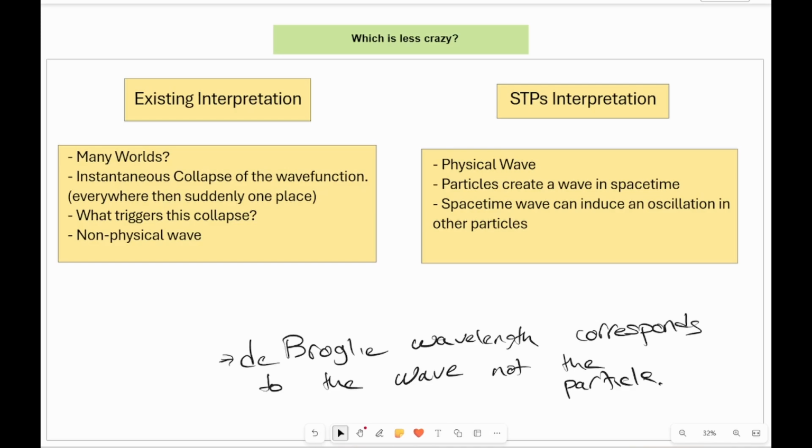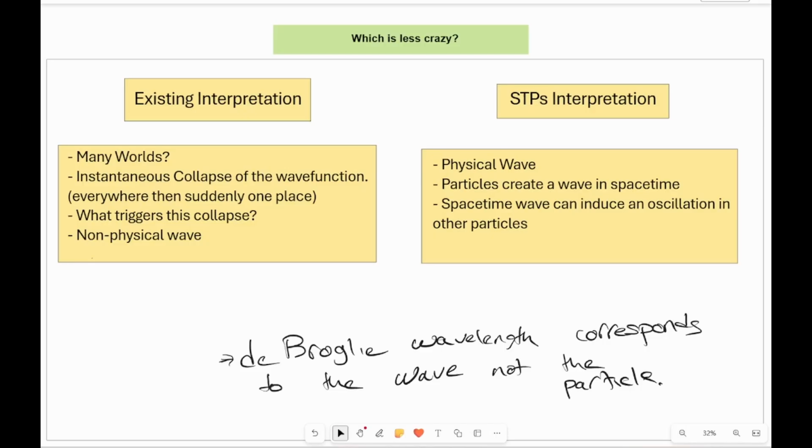That's what Einstein called spooky action at a distance. He didn't really like that. We don't know what triggers this collapse, or what level of measurement it takes until this wave function goes from totally spread out to a singular point. And we have this kind of non-physical wave.